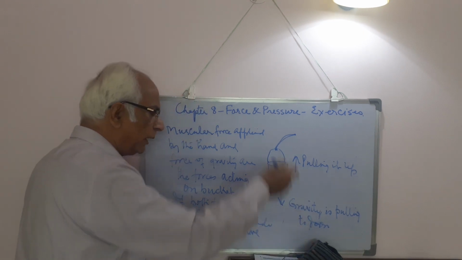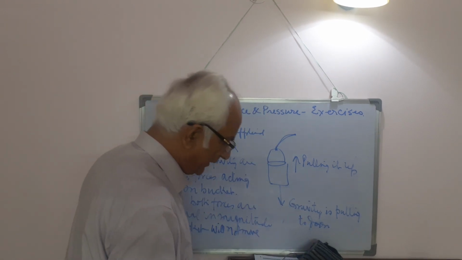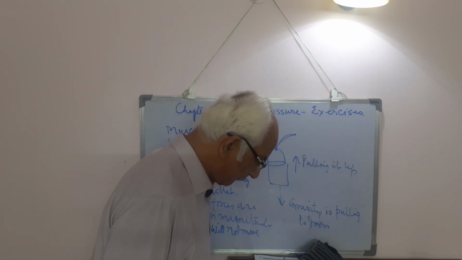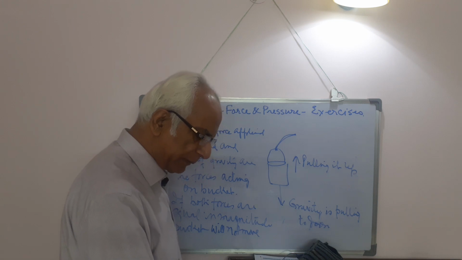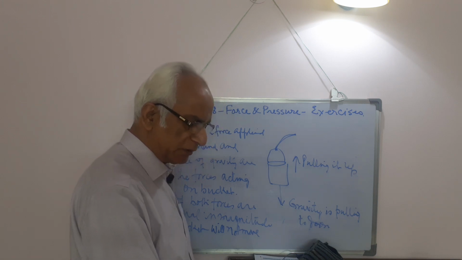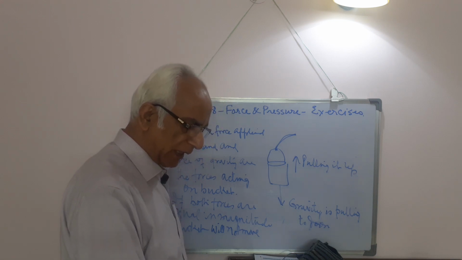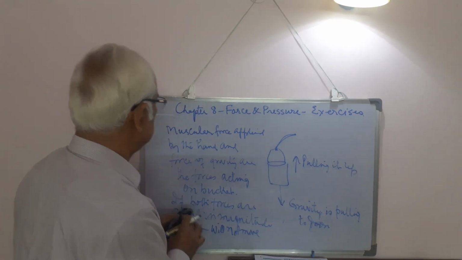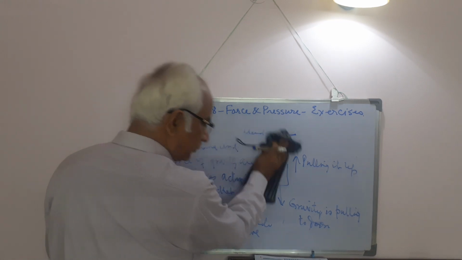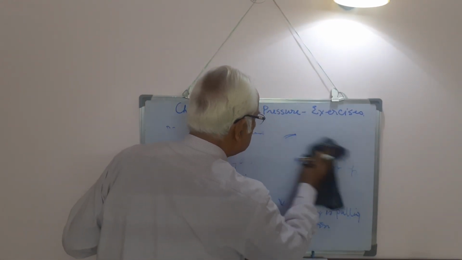It will neither go up nor go down. It will remain stationary. Okay? If you are holding the bucket, because the force applied by your hand and the force of gravity are equal in magnitude. So that is your question number 8.